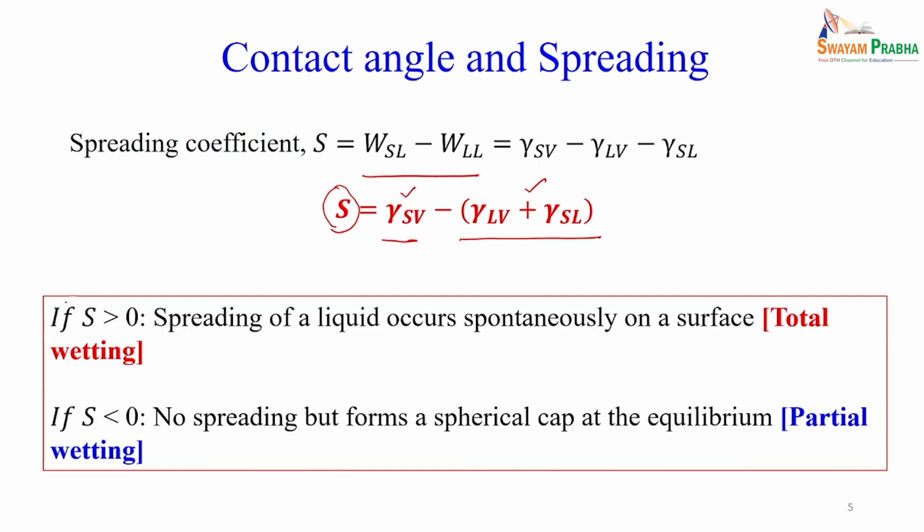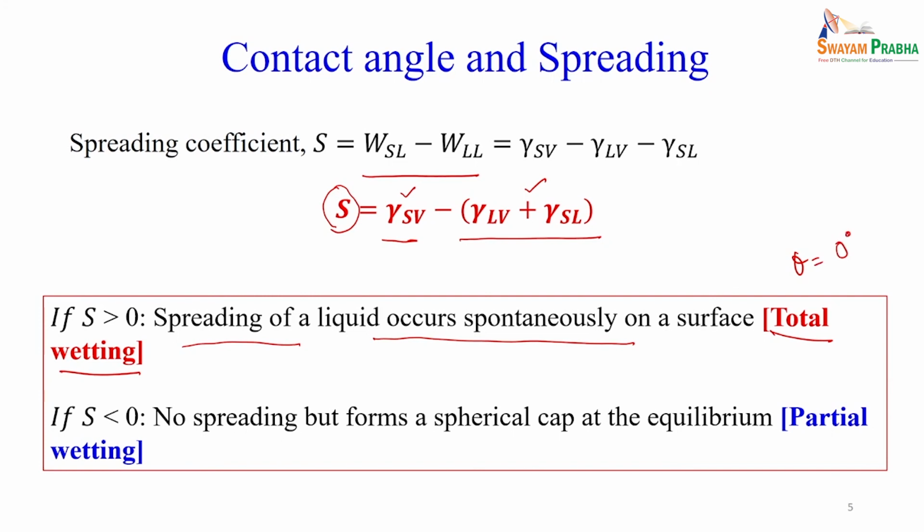If gamma solid vapor is greater than the second term, then the spreading coefficient will be positive. In this case, we observe spreading, it means the liquid spontaneously spreads on the surface, and we call this phenomenon total wetting. It means the solid surface is totally wetted by a liquid. In this case, we will not observe the contact angle phenomenon, or you can say the contact angle is 0, means it is a total wetting.